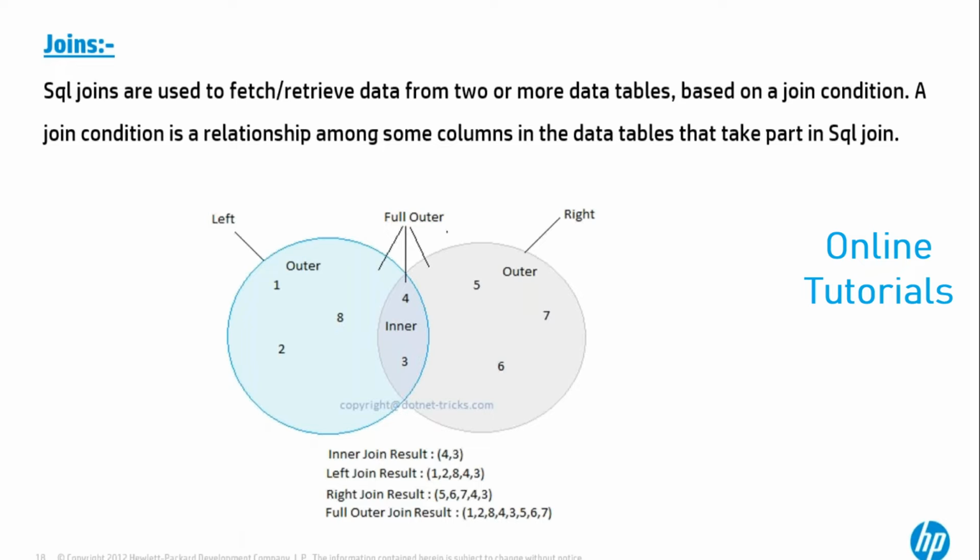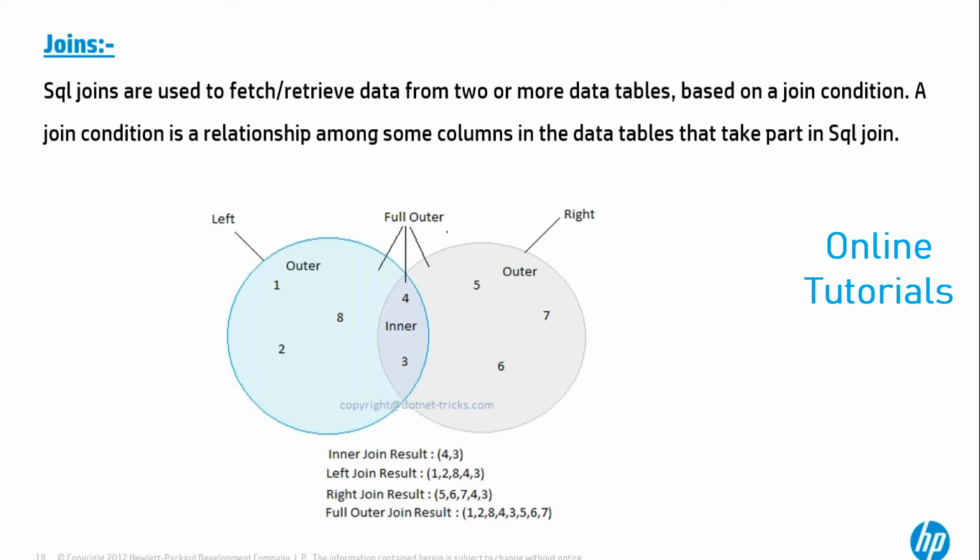Take Red Bus: in the backend you have a bus details table and another table, bus schedules. In bus details you have bus ID and bus name, and in bus schedules, the same bus ID, the departure time, the arrival time, all these things.